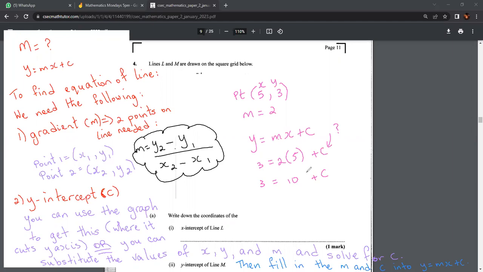In algebra, in order to solve for the unknown, I carry everything else across the equal sign. Once I cross the equal sign, I perform the opposite operation. This was adding, so when I carry it across, it becomes minusing. So this becomes 3 minus 10 is equal to c. So I have positive 3 minus 10.